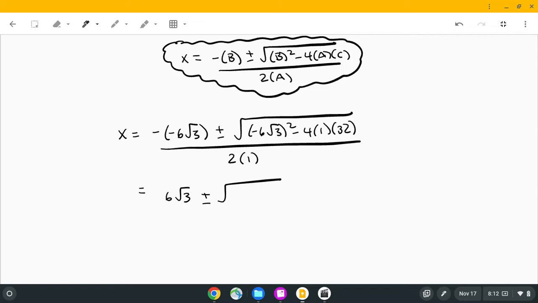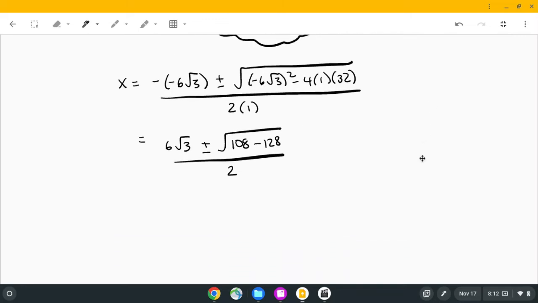Then we get x equals negative, negative 6 square root 3, plus or minus the square root of negative 6 square root of 3 squared minus 4 times a times c, all over 2 times 1. Working this out, we get positive 6 square root 3 plus or minus the square root of, 36 times 3, 108, minus 4 times 32, that is 128, all over 2. So we get x equals 6 square root 3 plus or minus the square root of negative 20, all over 2.